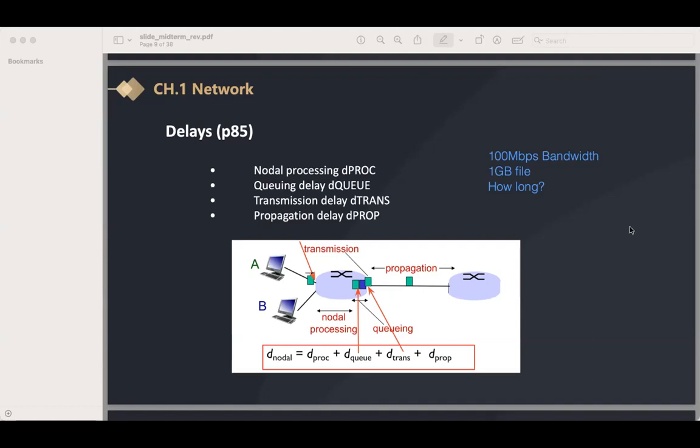Okay, let's try to calculate this one. So we have 1 GB. We all know time equals the size divided by speed, right? So all we need to do is to align the units of the size and the speed.